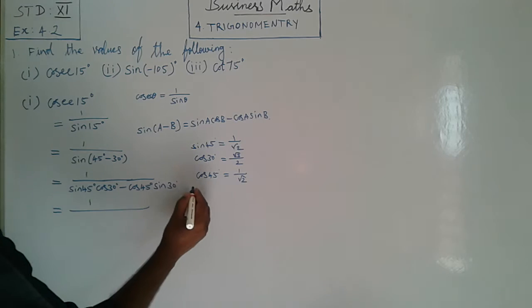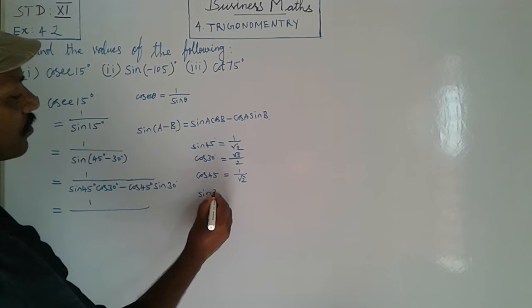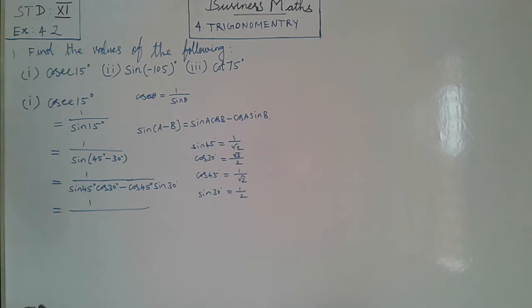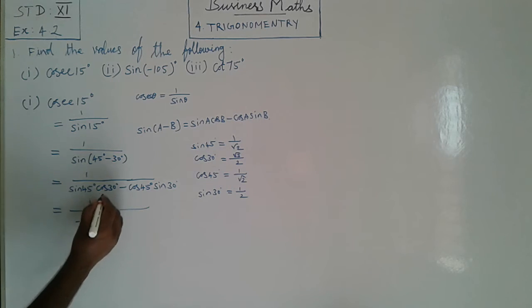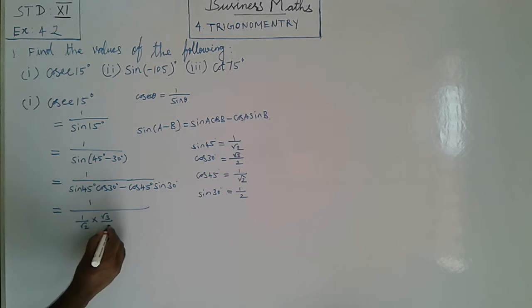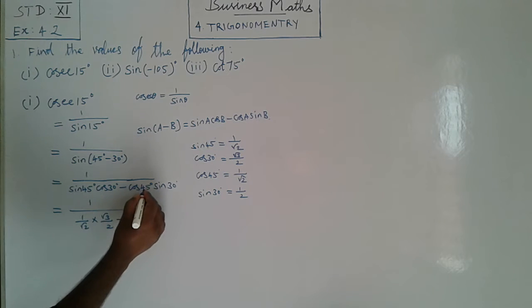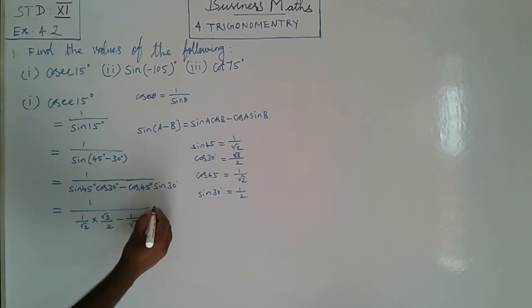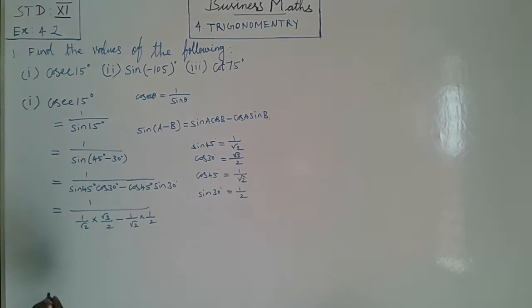Sin 30 degree is 1 divided by 2. So we should substitute these values here: sin 45 is 1 by root 2 into cos 30 is root 3 divided by 2, minus cos 45 is 1 divided by root 2, sin 30 is 1 divided by 2.